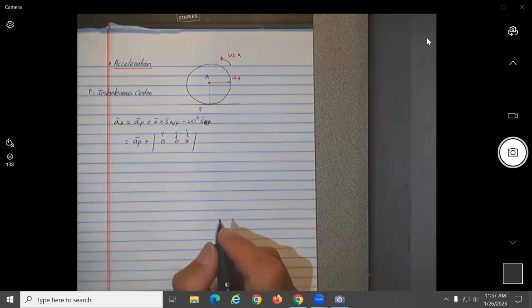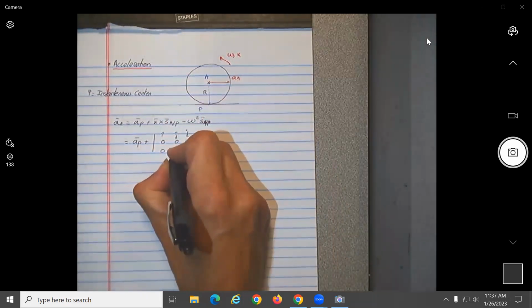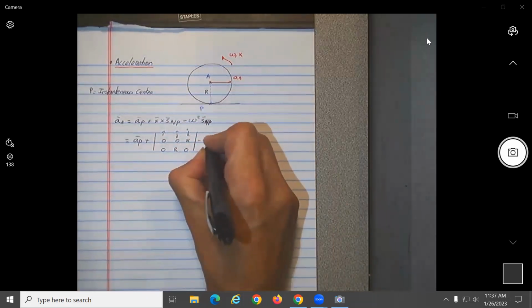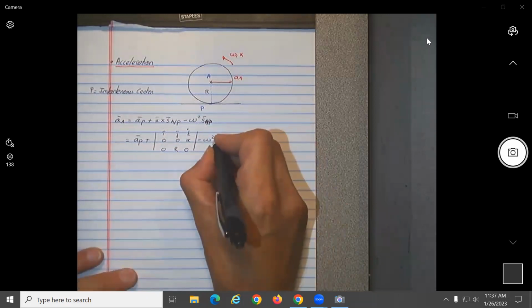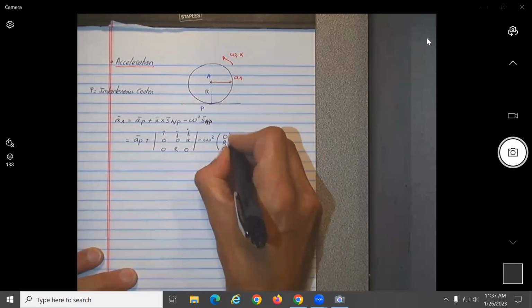What is the position of A with respect to P? So 0 R 0, minus omega square 0 R 0 if you want, okay? Or 0 R.